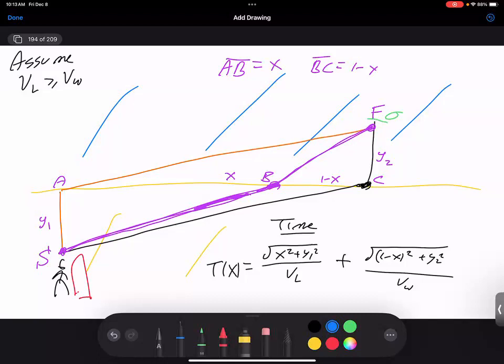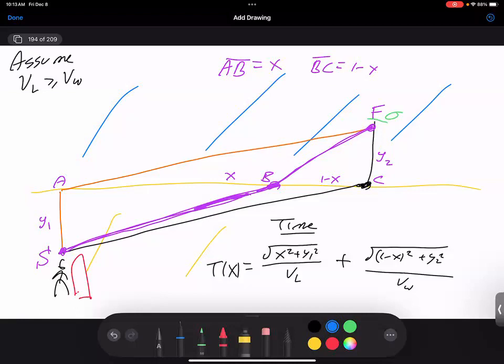Is C clearly a bad choice? Not clearly. I mean, so the question is, can you look at this and say that that path is longer? Probably, but you spend more time on land and less time in the water.